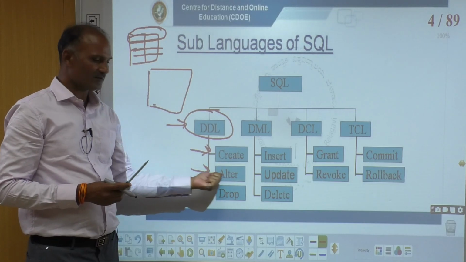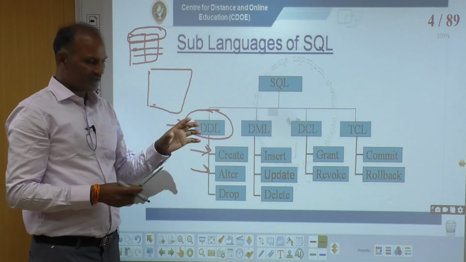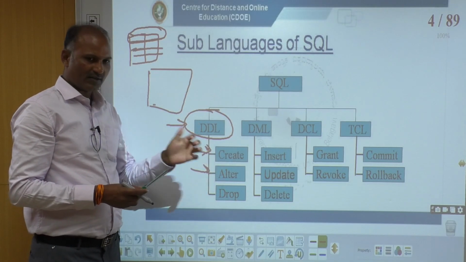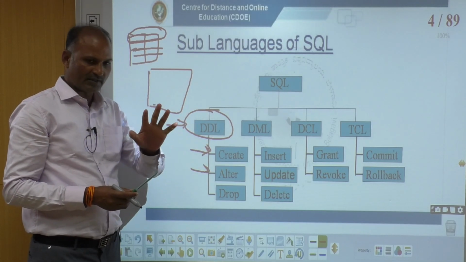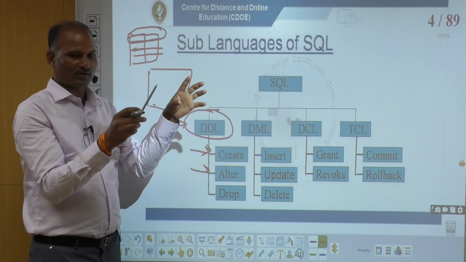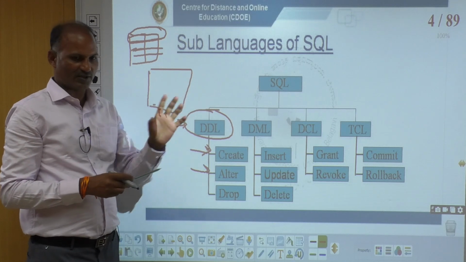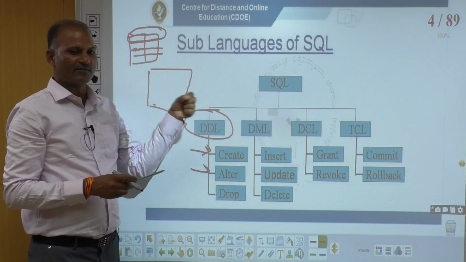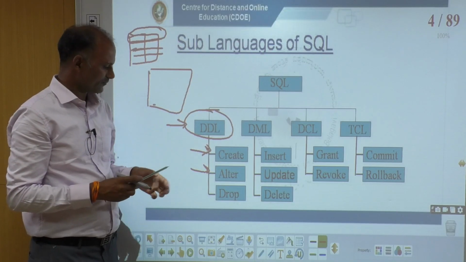It talks about columns. So create and alter do not talk about how the data is stored, but about the layout: what fields you want to create for the table or the relation, and what type of data you would like to store in the respective field.